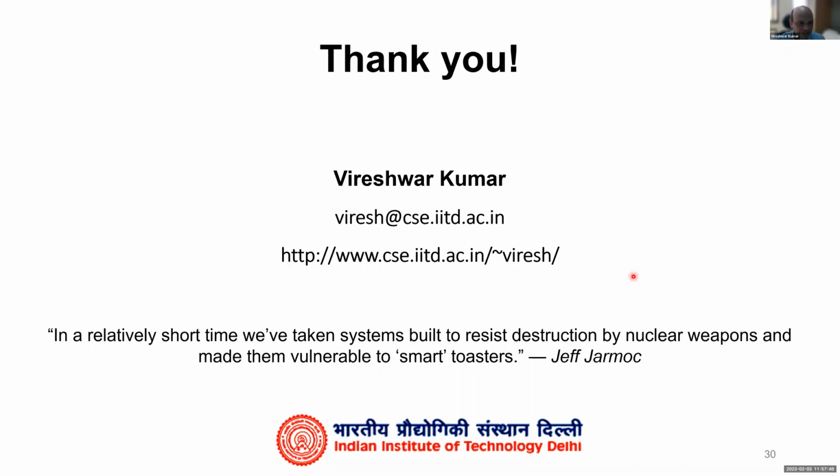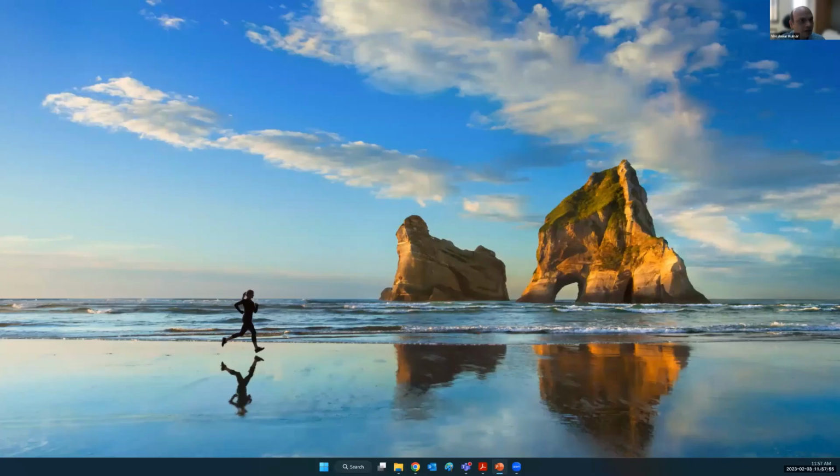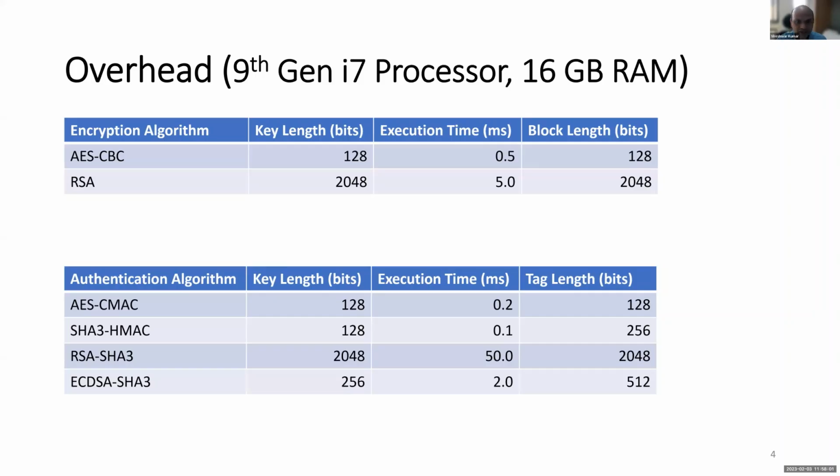Yeah, so that's a good question. Can we use ECC on resource-constrained devices? Okay, so let me just show you these numbers here. If you use symmetric key cryptography to do authentication, you have sub-millisecond numbers.